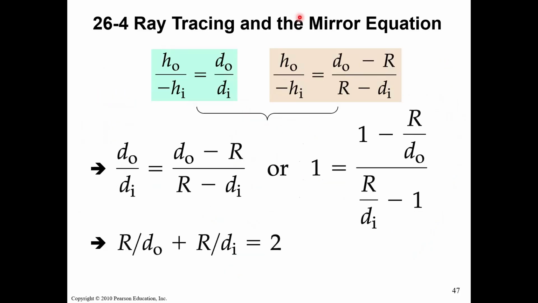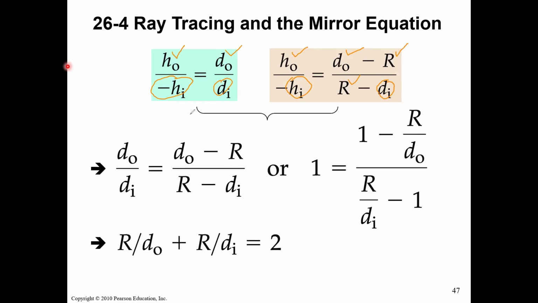And then we have a set of equations. In this set of equations, HO is known, DO is known, the radius of curvature is known, and we need to solve for HI and DI, right? So two equations, two unknowns.